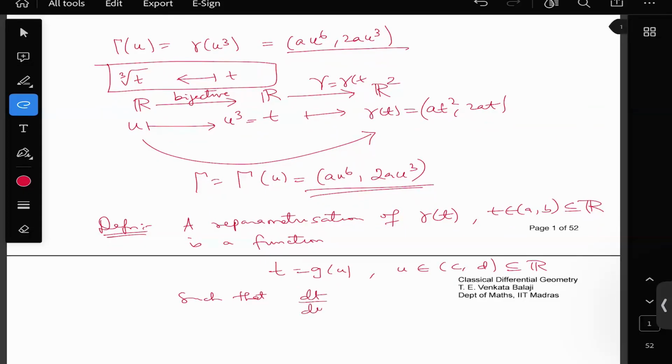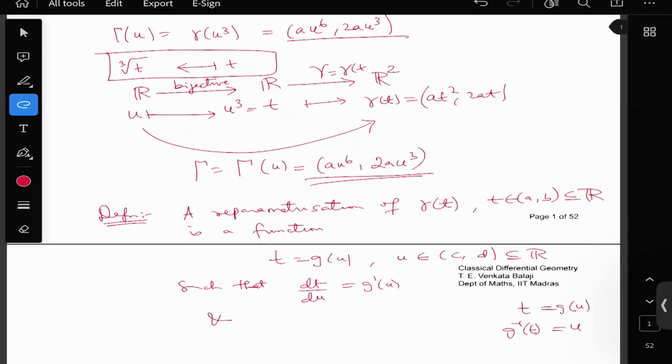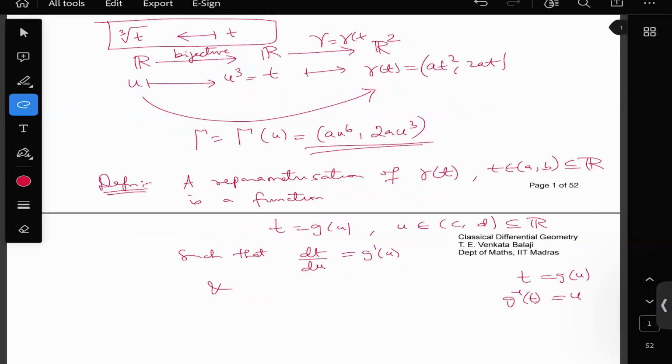dt/du, which is, by the way, nothing but g'(u), and the inverse, namely, you see, if you write t equal to g(u), then also u is equal to g inverse of t. So it means that the function first of all should be bijective.